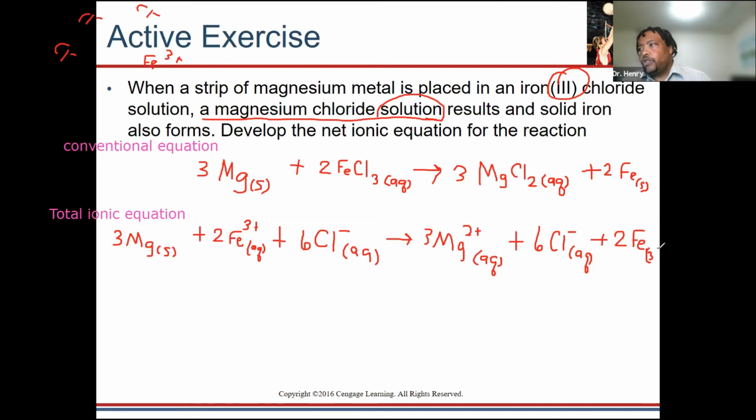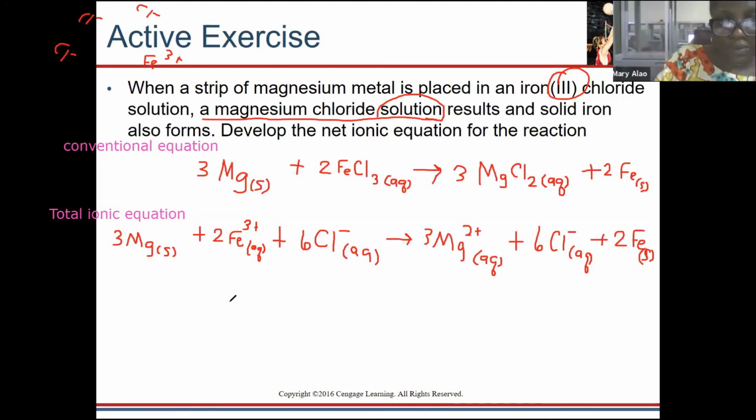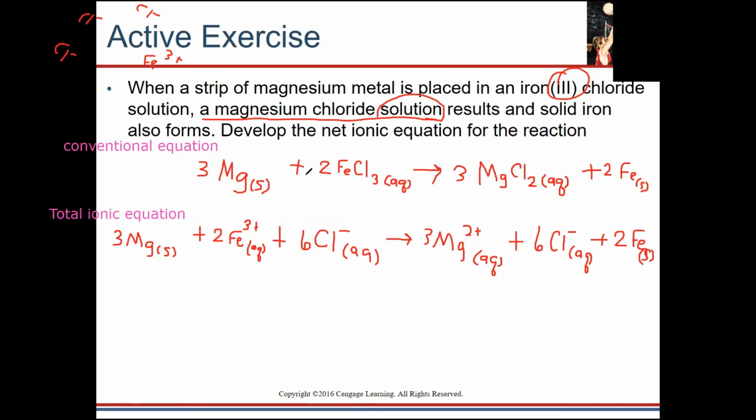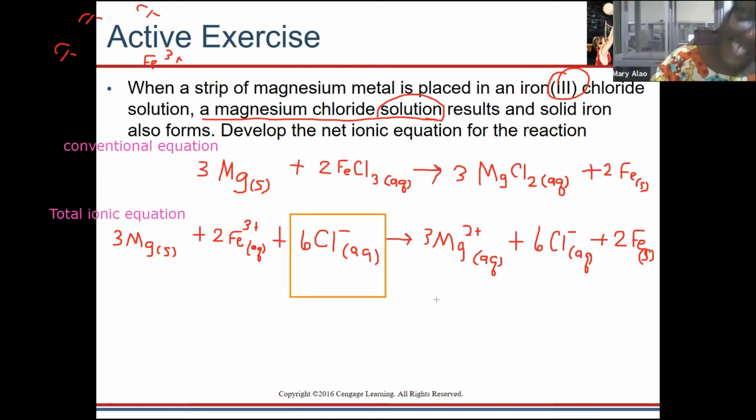So who's going to be a spectator? Fe. Iron? Are you sure? Look at it. It has to be exactly the same. Would it be just the chlorides? The chlorides. Exactly. It's just going to be the chlorides. What about the magnesium?